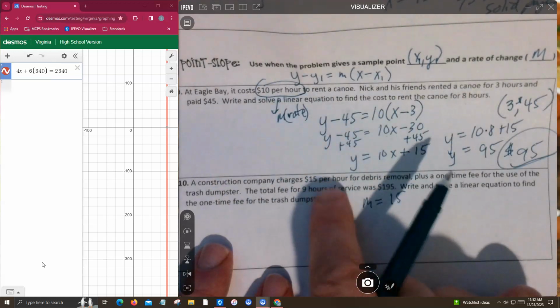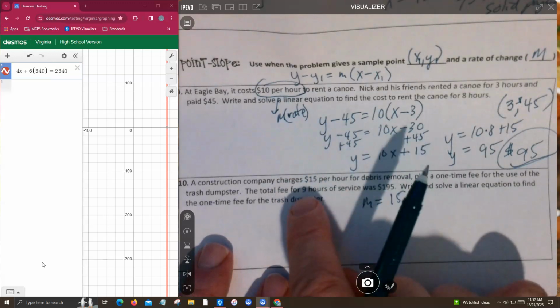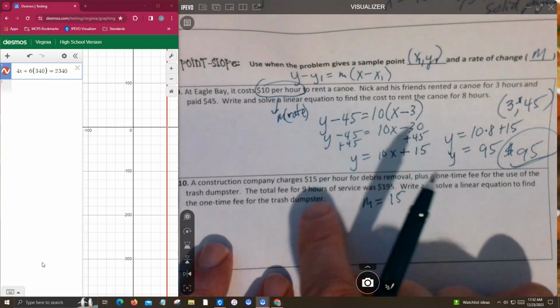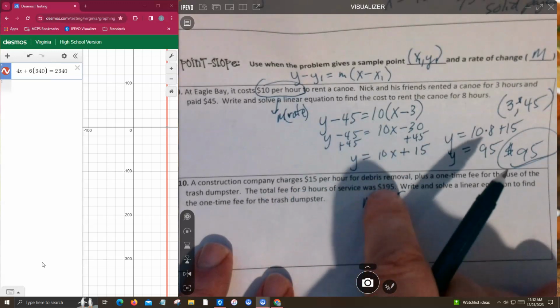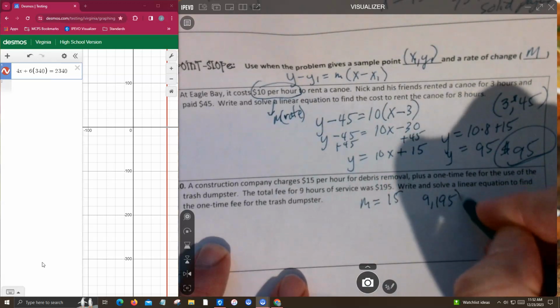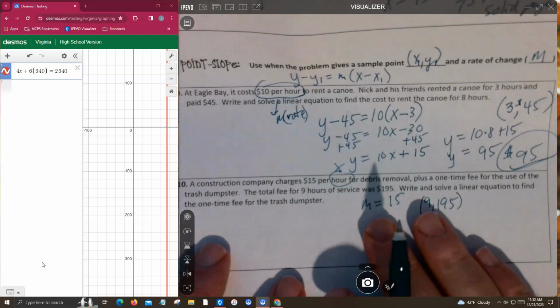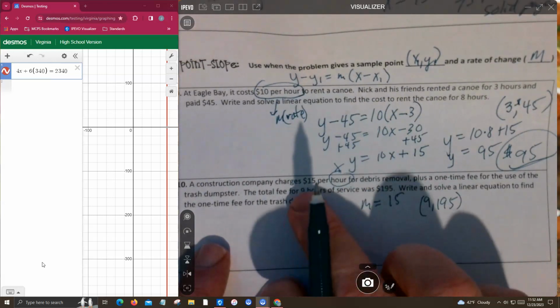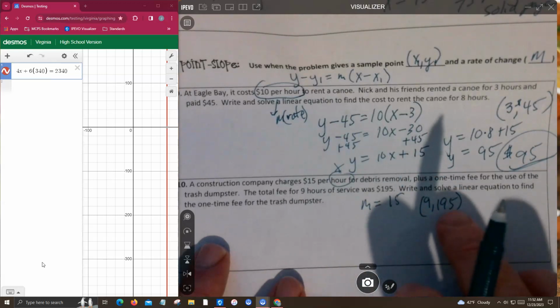So here's my rate, and then an example of the cost, telling you here's an example of what happened. So my ordered pair is 9 hours and $195. Remember when it's per hour, this is x. That's how we know which is first. So 9 hours, that's why the 9 is in the x spot, and the 195 is the cost.